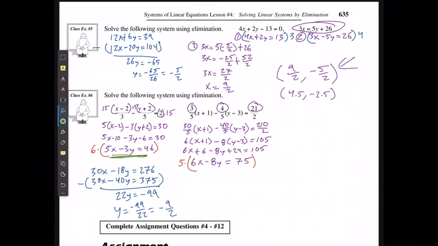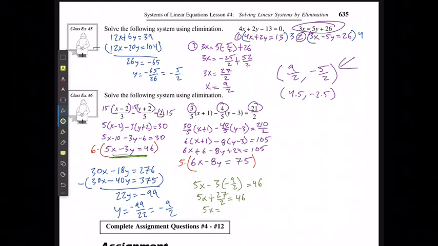So if I have 5x minus 3 times negative 9 over 2 equals 46, then 5x plus 27 over 2 is equal to 46.